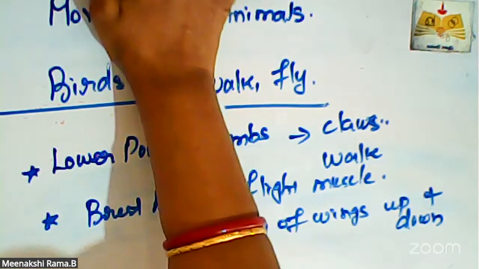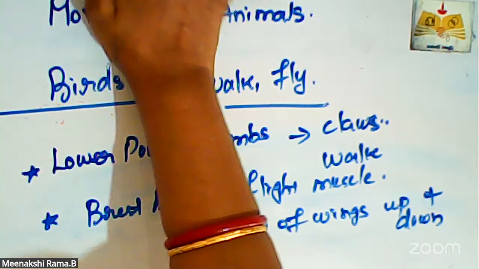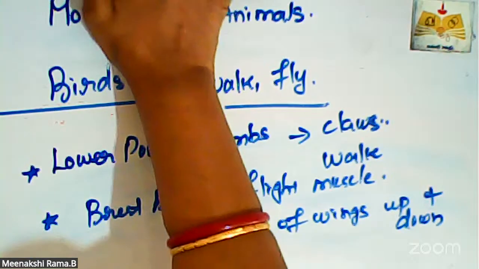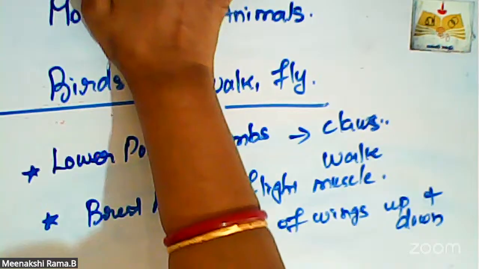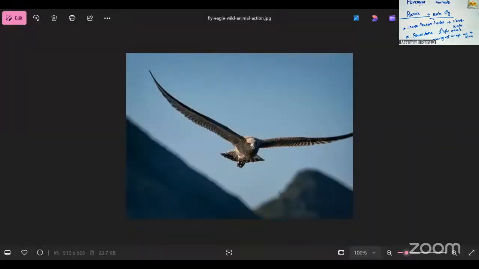So the two types of flight are flapping and gliding. Yes, this is gliding. So what is gliding? In gliding, the bird has wings and tail spread out.